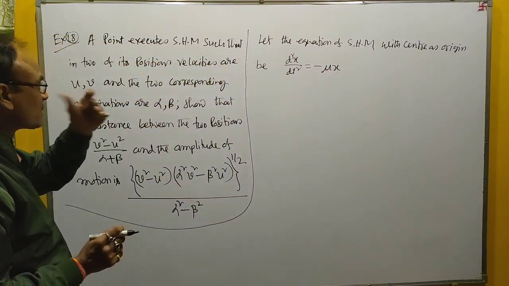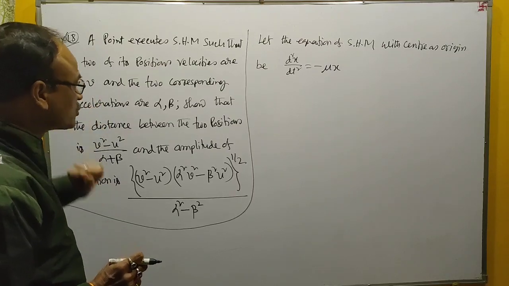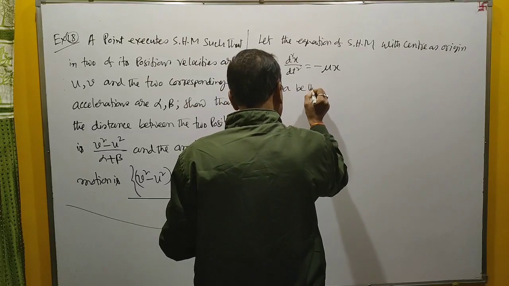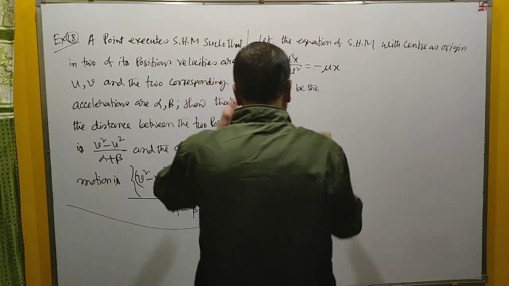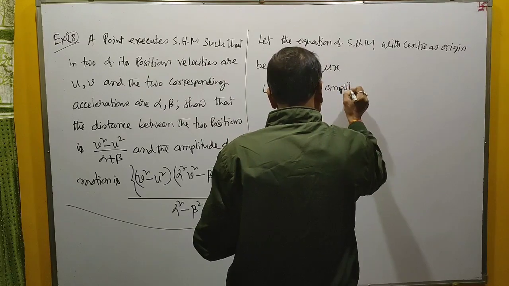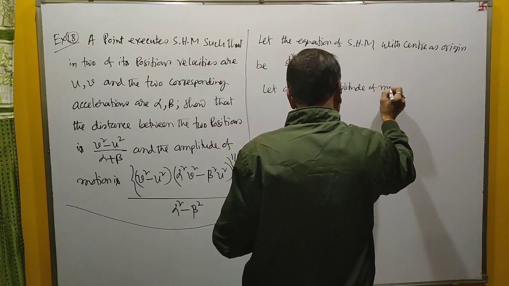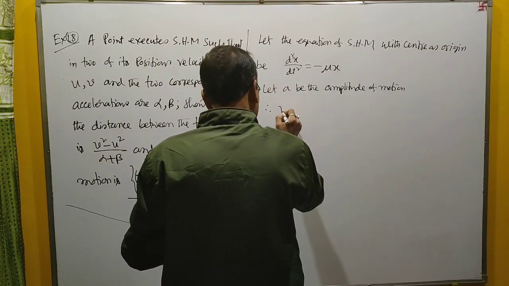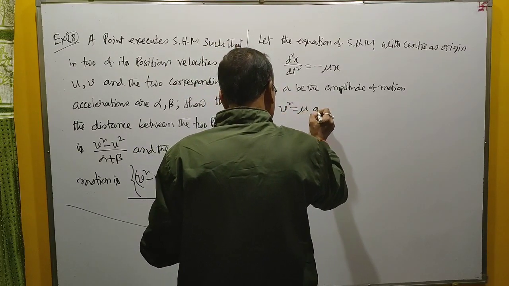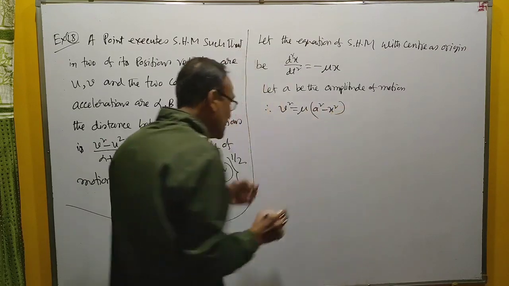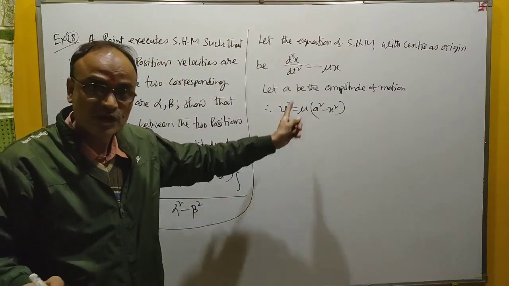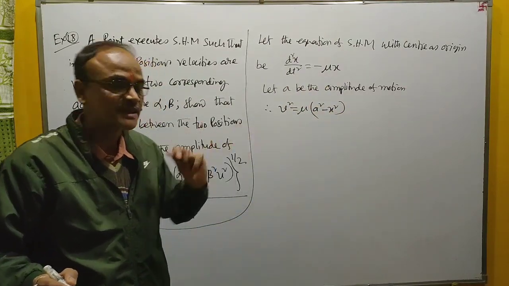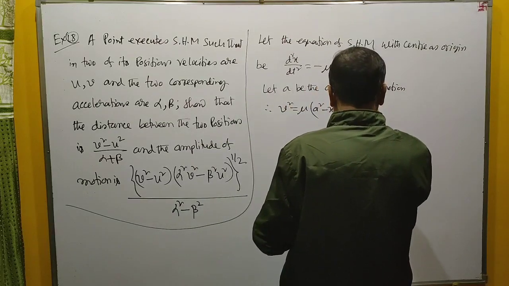Also, let A be the amplitude of motion. Therefore, v square equal to mu into A square minus x square, where v is the velocity of the particle when it is at a distance x from the center of force.